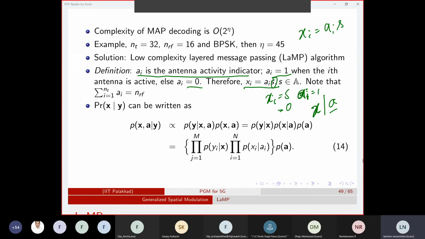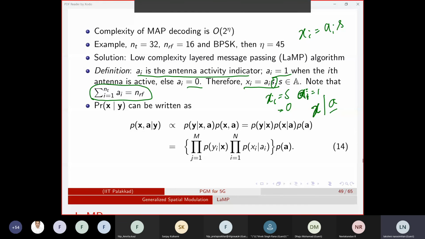So what we have done is we have introduced another set of conditions, similar to the check nodes that we had. Now we have another set of activity nodes. So these activity nodes will simply say that if I have this many variables and I compute the activity of these variables, the activity should be equal to NR. That is always fixed.